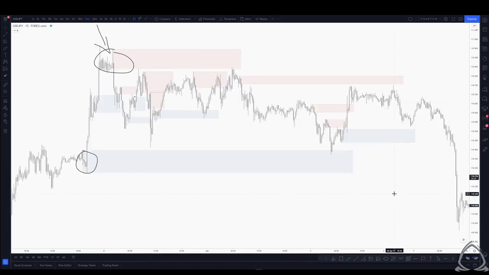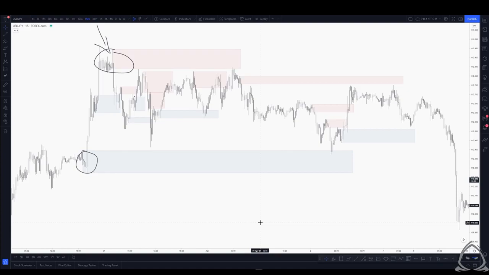Now, with that said, of course, continuation models are going to play out, but what your mind should be thinking is, if I know that the reversal models have a higher probability of playing out over the long term, and the continuation models are a little bit less likely to play out, you need to start to build trade ideas based around reversal and then the initial continuation. Because as you get further up in an up move or further down in a down move, the more continuation models that play, the less likely they are to actually play out from a trade standpoint.